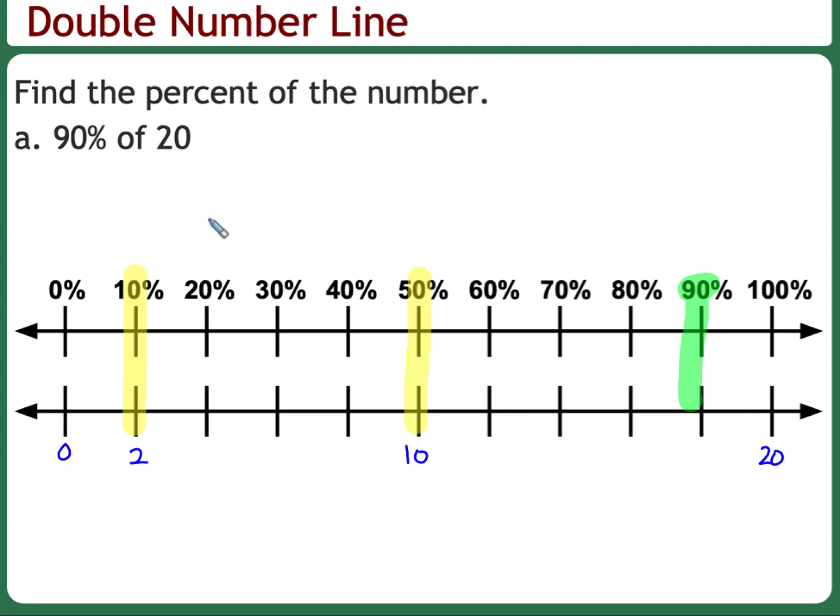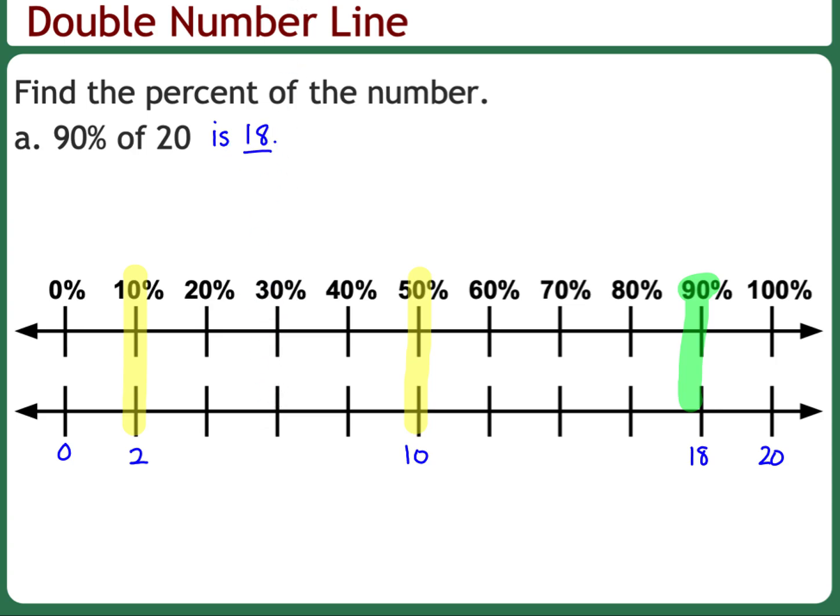Or I know 10 times 9 is 90%, so 2 times 9 is 18. Another way to think of it, 100% minus 10% is 90%. So 20 minus 10% is 2. 20 minus 2 is 18. Many ways to think about it, but I can now say 90% of 20 is 18.